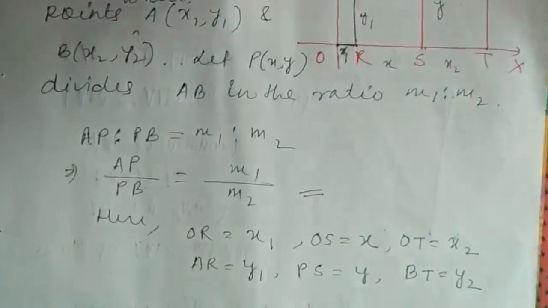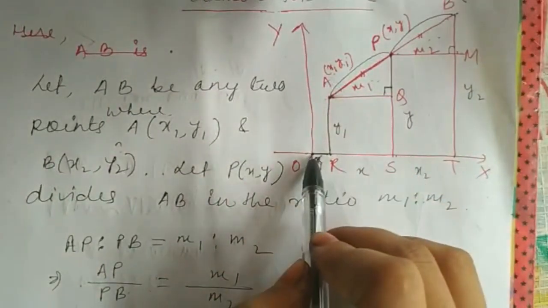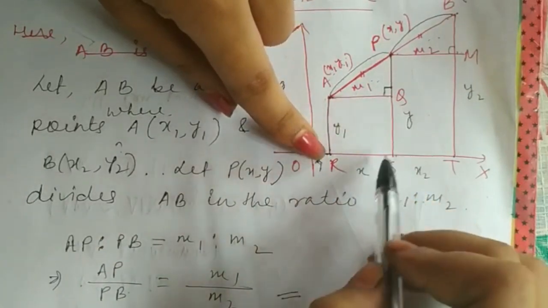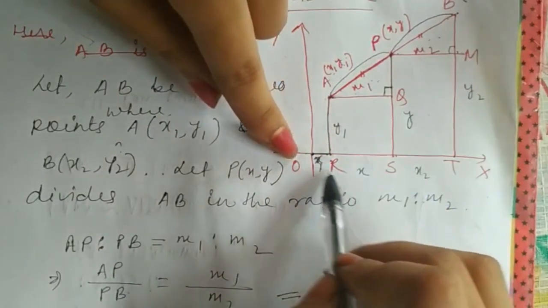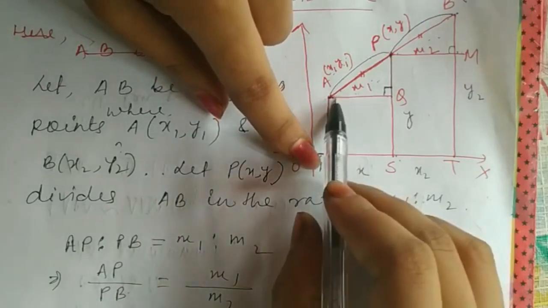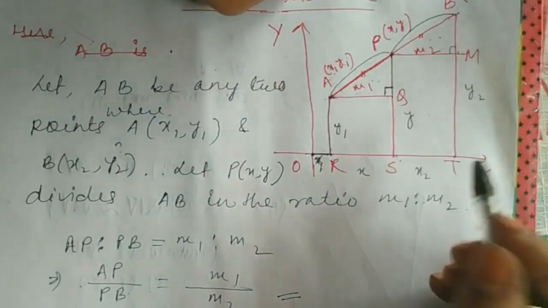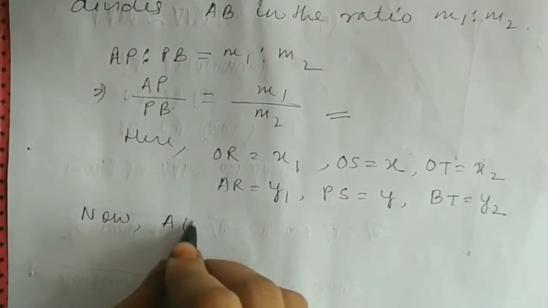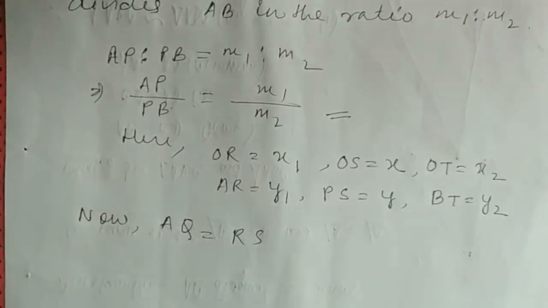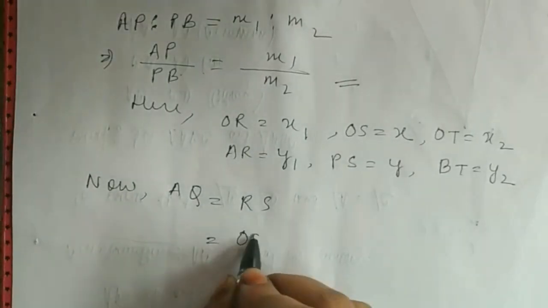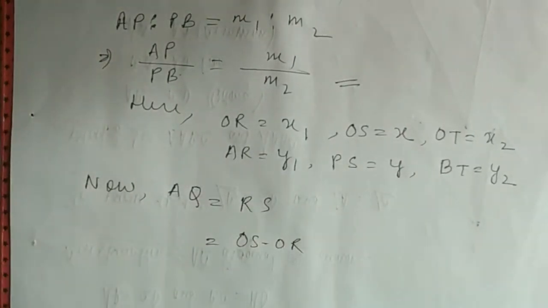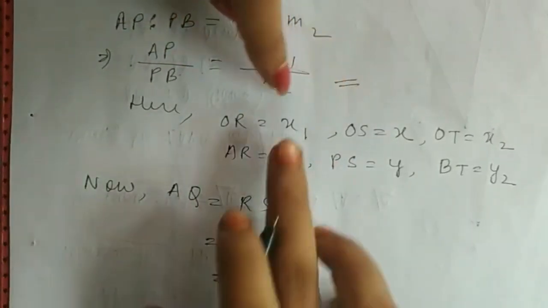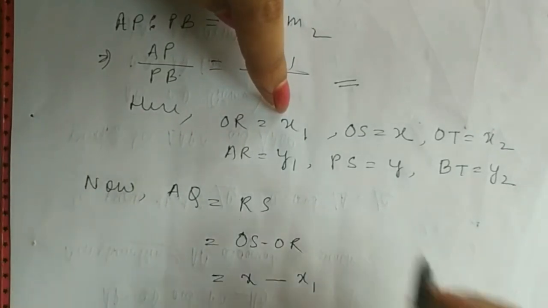How can we find them? Since AQ equals RS, in place of RS we can write OS minus OR. So what is OS? OS is x and OR is x1.